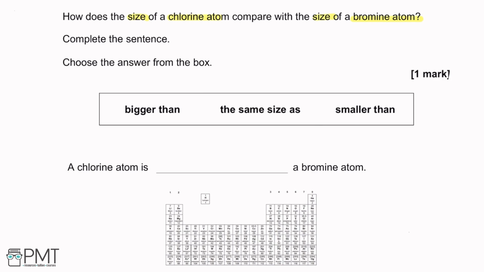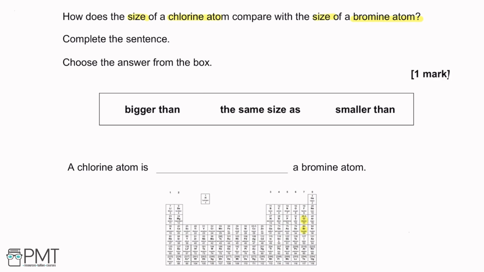If we find chlorine, which is here, and we're comparing that with bromine, which is here, hopefully you're able to see that bromine is lower down the periodic table than chlorine. So that means bromine is a bigger atom than chlorine.